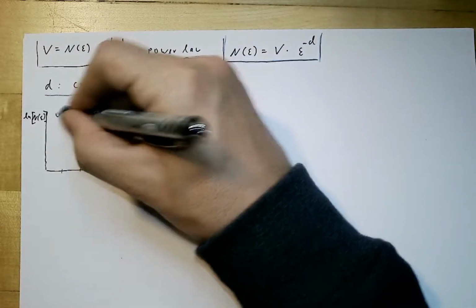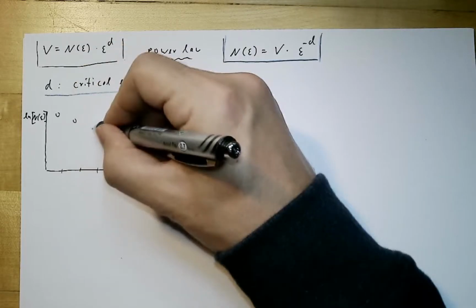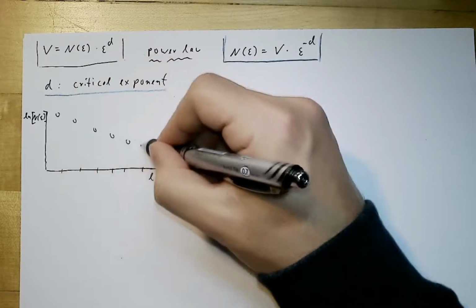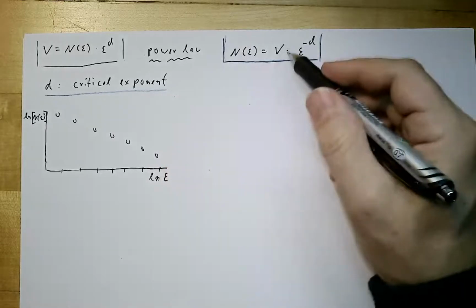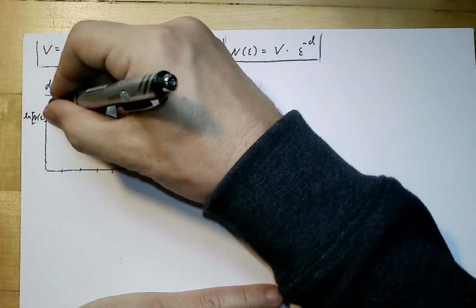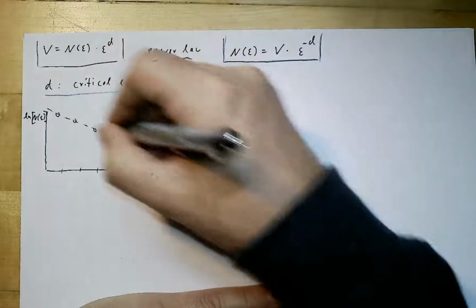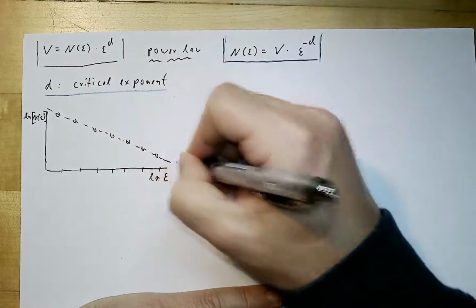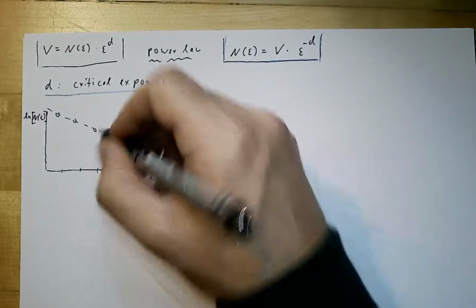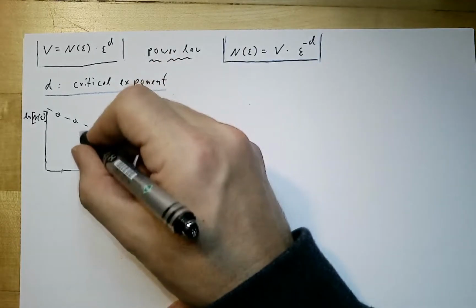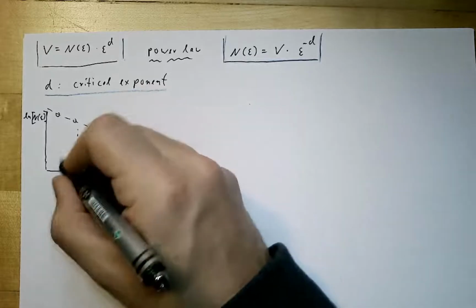And then if we measure our object at these different scales, this should be a straight line. And then the critical exponent is obtained if we take the slope.